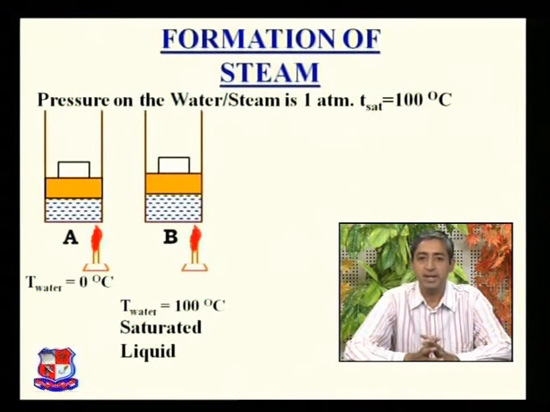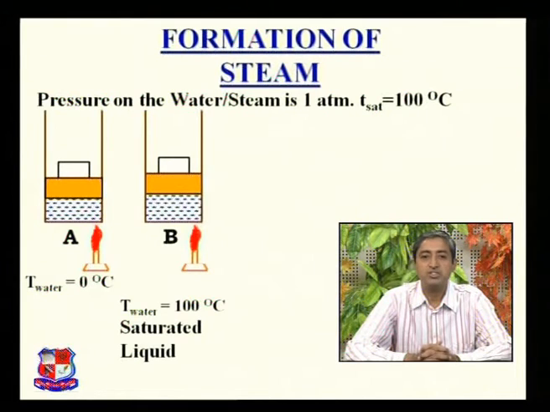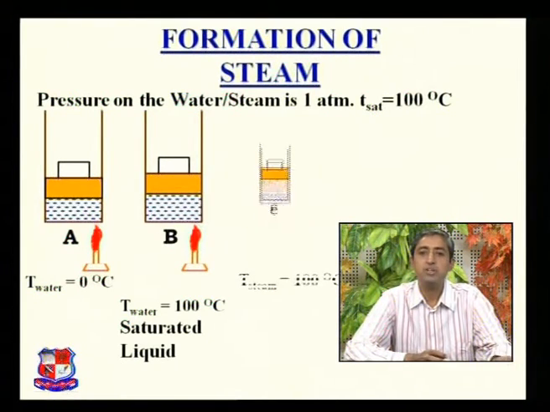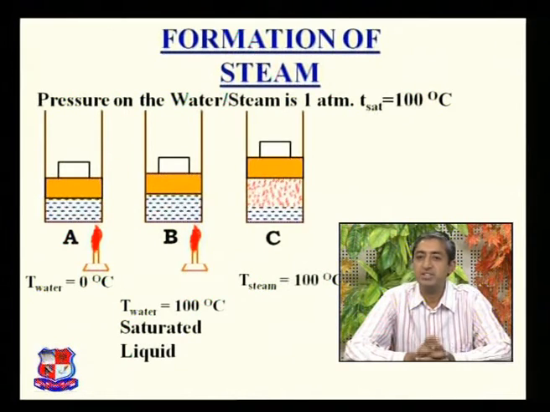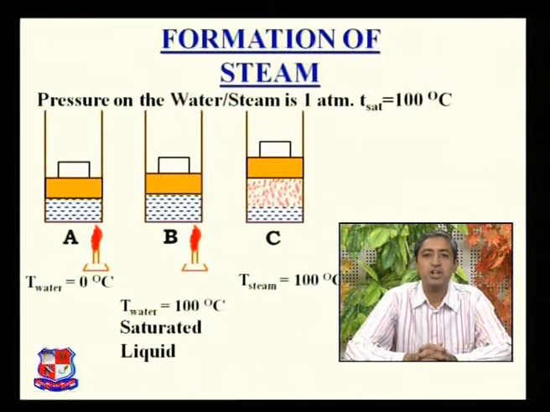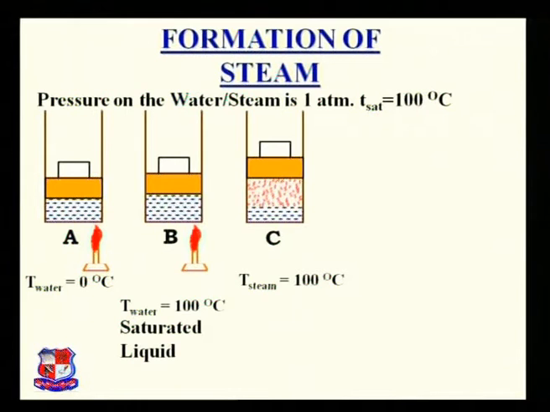When we heat it again, the water starts converting into steam and reaches state C. In state C, some of the water is converted into steam and some of the water is in the liquid condition, but the temperature of the mixture of water and steam is the same, that is 100 degree centigrade, the boiling point temperature, and that is known as wet steam. It means from the saturated liquid, when we supply the heat, we get the mixture of water and steam, which is known as wet steam.